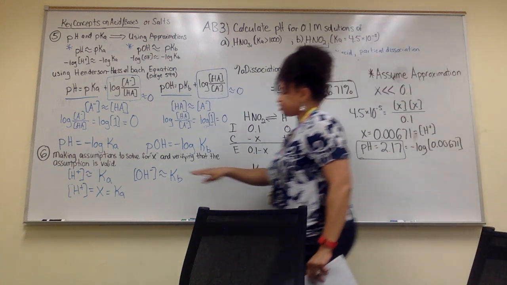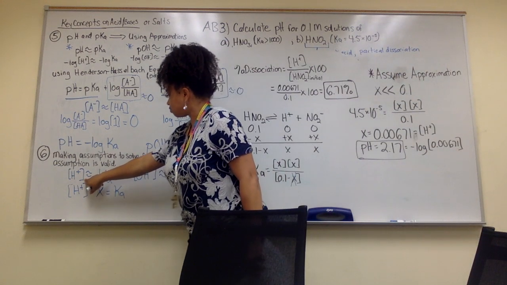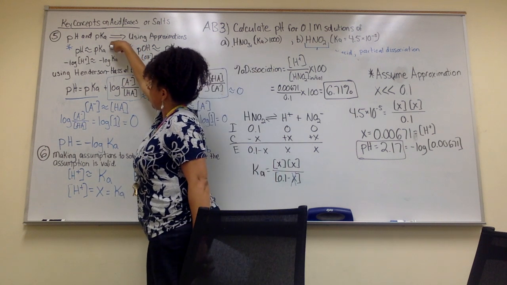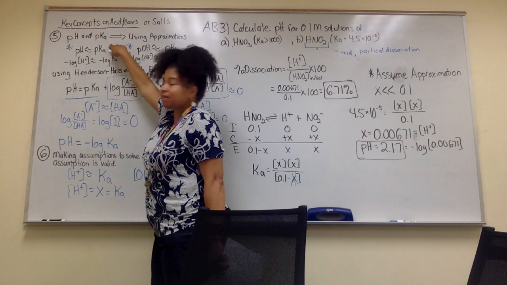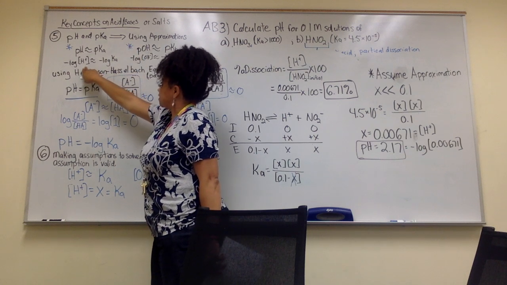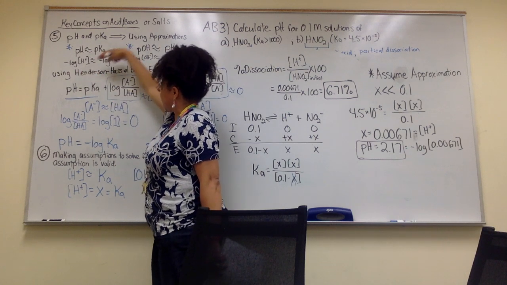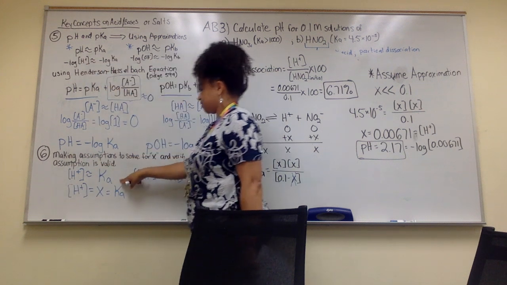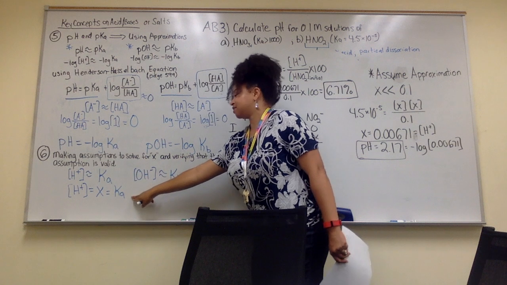Now that we have a relationship for H plus being equal to Ka, because up here pH is about equal to pKa, and because of this down here, negative log of this is equal to this, we can then say this.